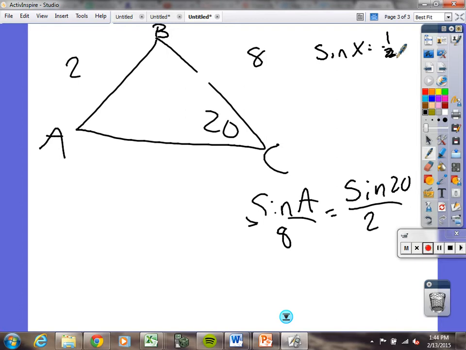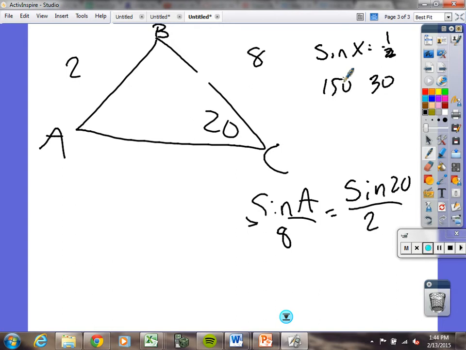On the unit circle, tell me what x gives me a value of sine of a half. What do we get there? 30 degrees, right? What other place? Negative 30? That is not a correct statement. 150 degrees.